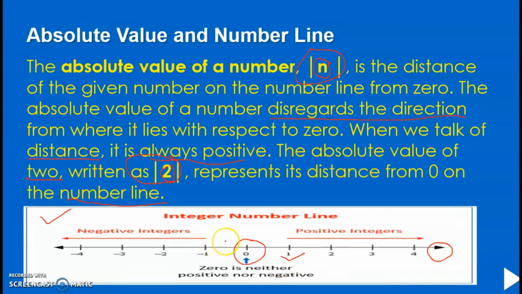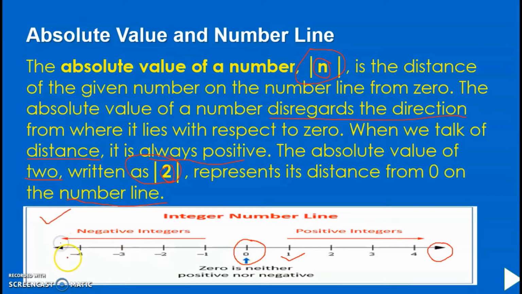While on the other side of 0, all numbers that we find to its left are called the negative integers. And here are the negative integers. From the left of 0 is -1, -2, -3, and -4. Take note that the negative integers are all numbers you find from 0 to its left.